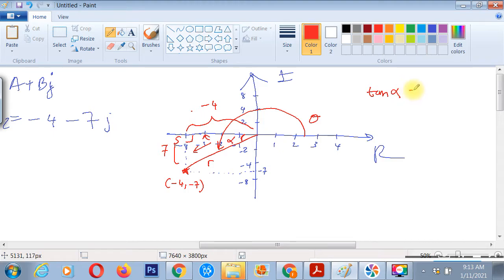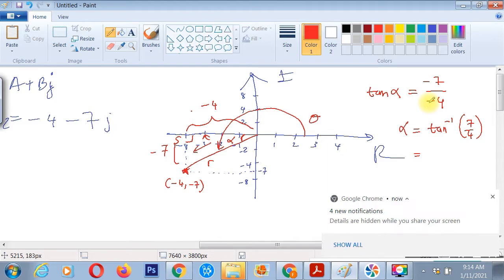So tan alpha equals opposite over adjacent. Opposite is -7, and adjacent is -4. Alright. So alpha equals arc tan 7/4. Put it in the calculator to find alpha: arc tan 7/4.